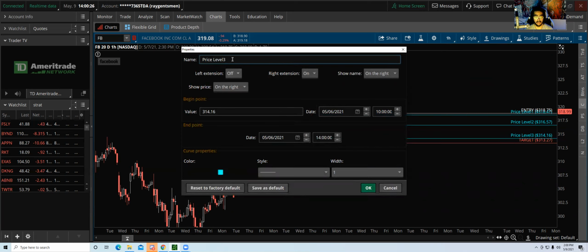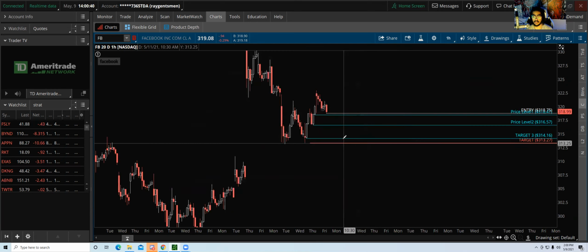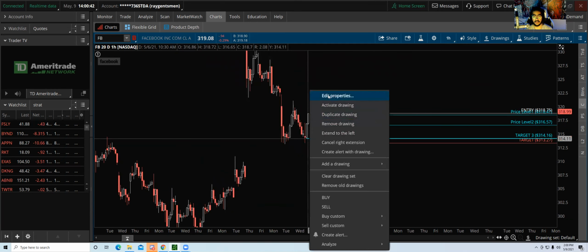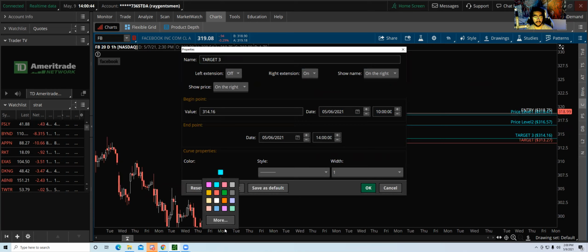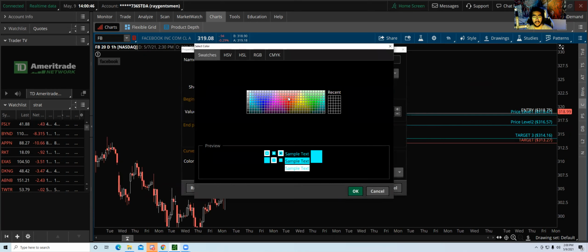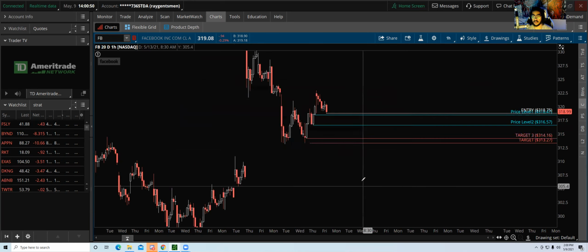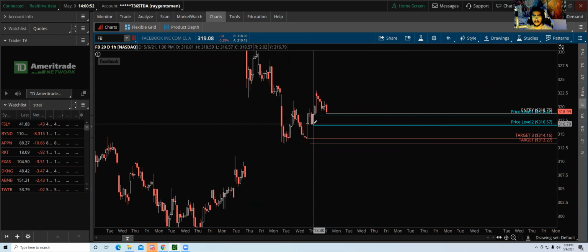And then I'll put this as target. Let's see, 1, 2. So this would be target 3. Let me change that color in edit properties. Change this to a lighter color. Boom. So target 3.